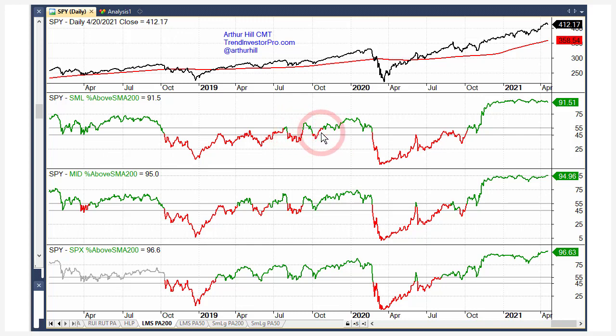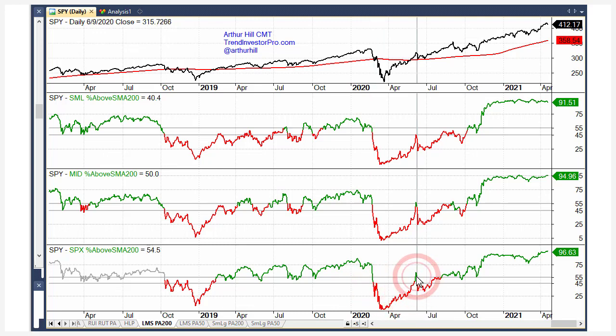There were some whipsaws in small caps. In general, I find small caps and mid caps generate more whipsaws than, say, large caps. And you can see here, there's a lot of whipsaws here in mid caps and small caps. But the S&P 500 got bullish there in mid-February 2019, stayed bullish until late February 2020, just before the COVID crash, when it turned bearish.